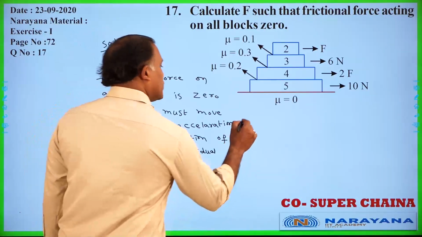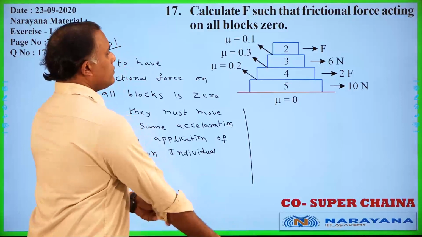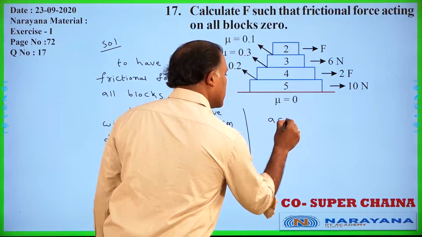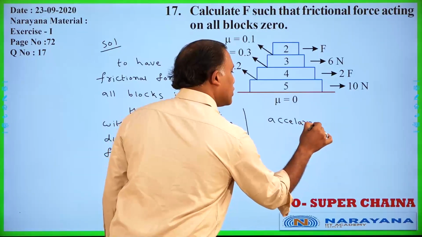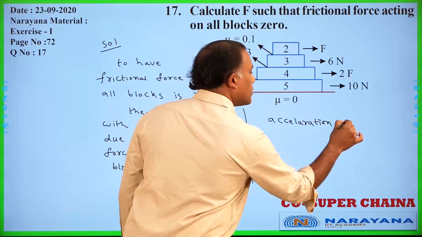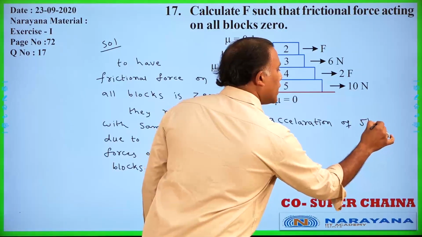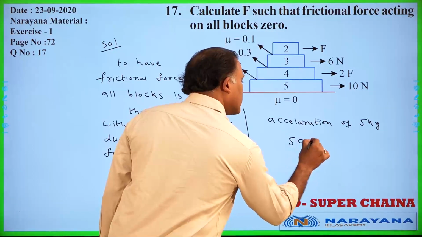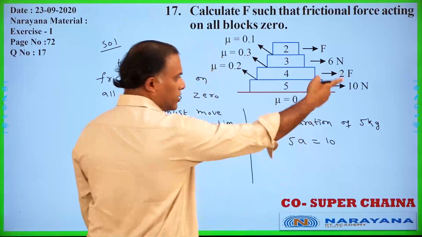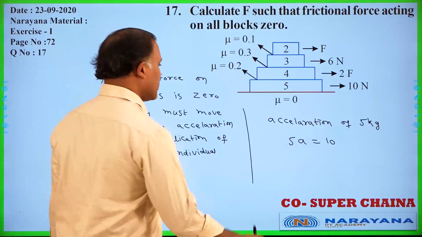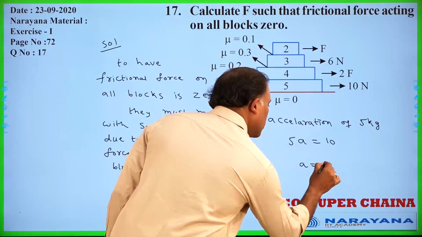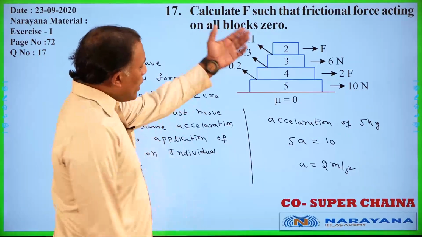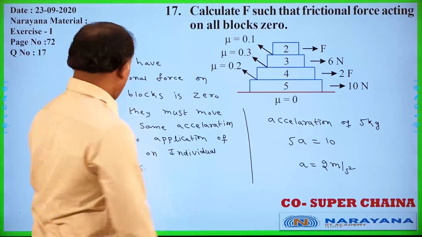So now, the acceleration of the 5 kg block, let us see. 5 into acceleration is equal to 10, because the applied force on that is 10 Newton. So acceleration will be equal to 2 meters per second square. Then what will be the force on the 2 kg block?